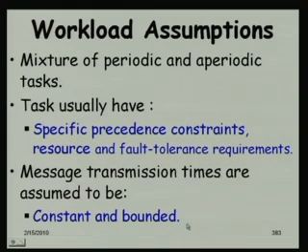We know that this is not true actually, because messages, depending on the load and congestion, might take very different times in a wide area network. But we will right now assume that we have some protocols which will ensure that transmission times are constant and bounded. Towards the latter part of this course, we will see how this can be achieved.